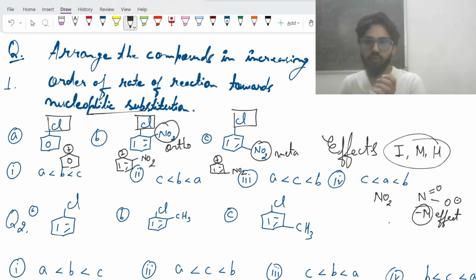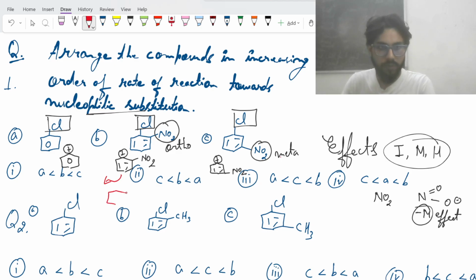So here the nitro group will act with a minus M effect, and if it is acting as minus M, then what will be the scenario? In the second case, if we want to stabilize this particular carbocation, this is your nitrogen, oxygen, and that's your oxygen negative. This will show the minus M effect, and minus M effect means it will withdraw the electrons.